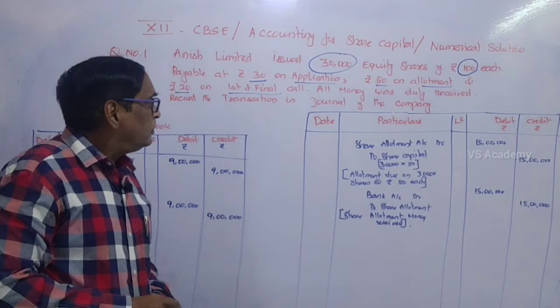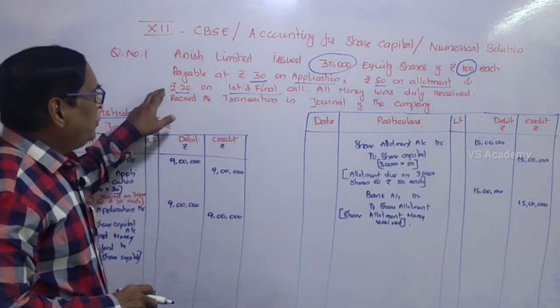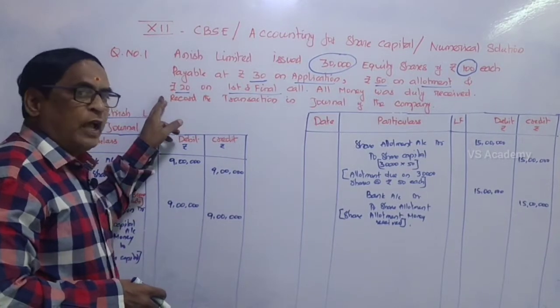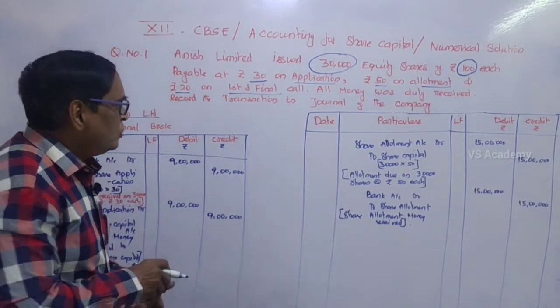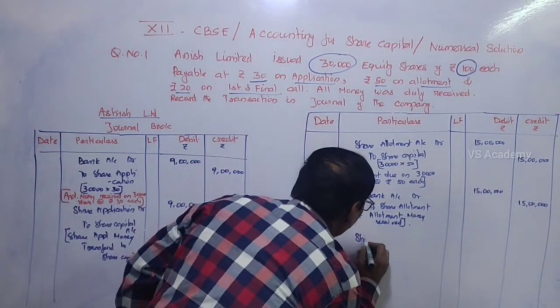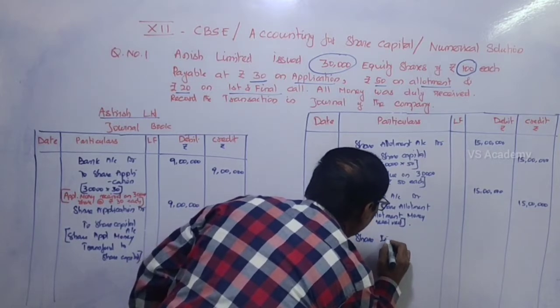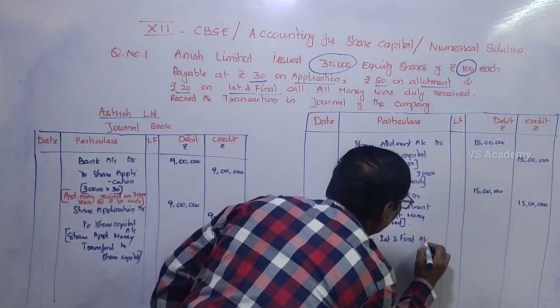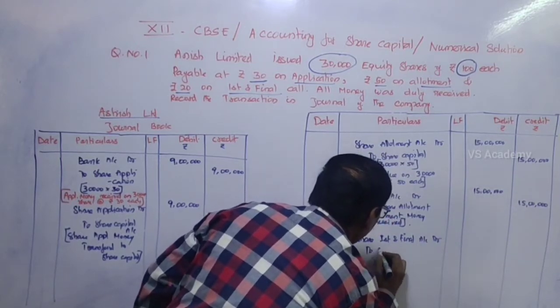And then one more installment is there, 20 rupees on first and final call. So we have to pass one due entry. Share first and final call account debit to share capital.